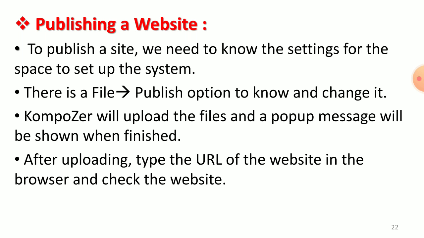To publish a site, we need to know the settings for the space to set up the system. There is the File menu and then the Publish option to know and change it. Composer will upload the files and a pop-up message will be shown when finished. After uploading, type the URL of the website in the browser and check the website.